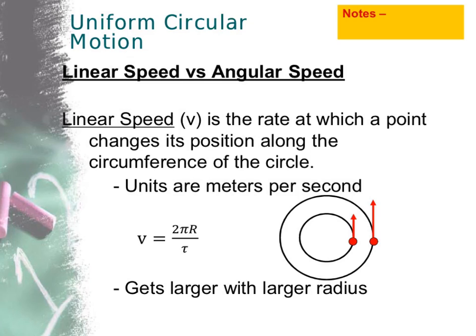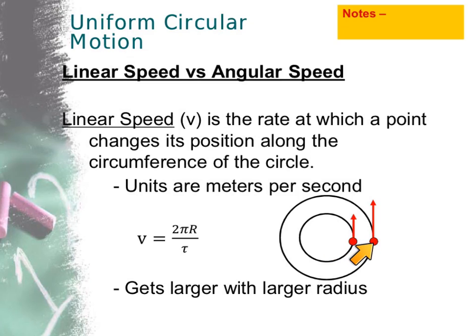So linear speed, if you review your notes from the very first lesson in this unit, 5.1.1, we know that it's the rate at which a point changes its linear position along the circumference of the circle, and we put this in units of meters per second. We also got a good understanding that if a point is closer to the center of the circle, it is going to have a lower linear speed than a point that is farther out on that same circle.